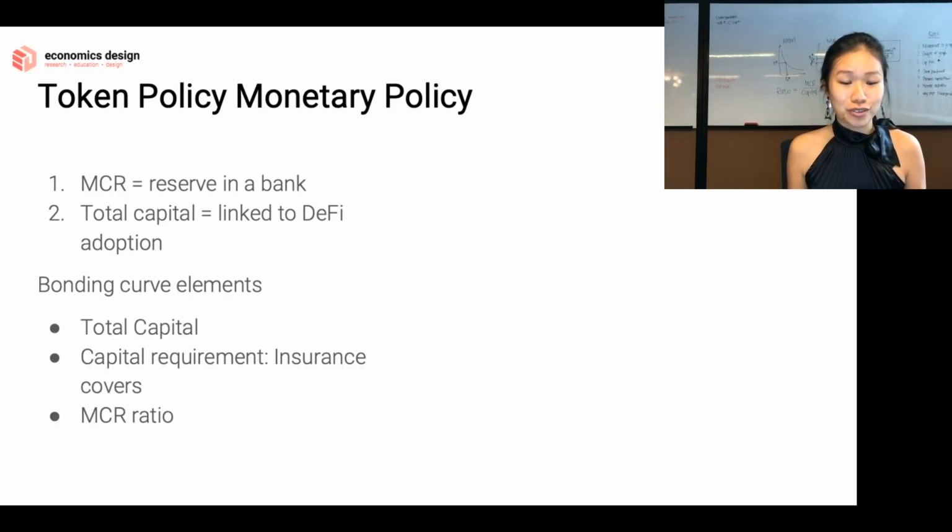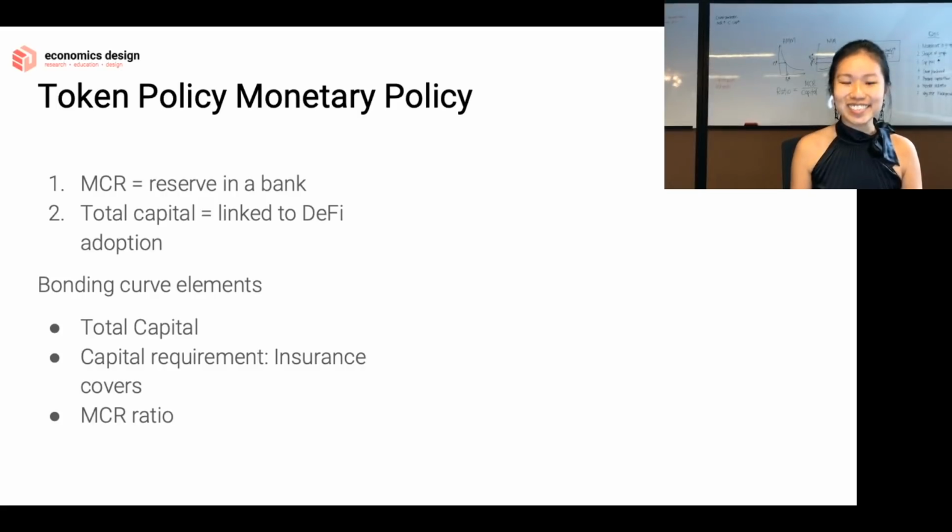And this is very important. Why? Because MCR, the reserve in the bank, is like a short-term variable for understanding the growth of Nexus Mutual's protocol. Whereas the total capital is a way to look at the long-term growth of Nexus Mutual.